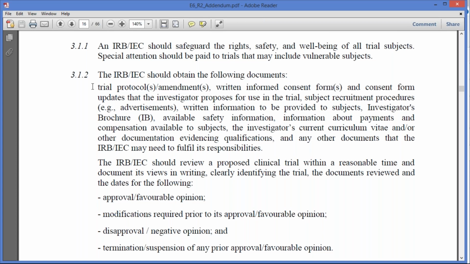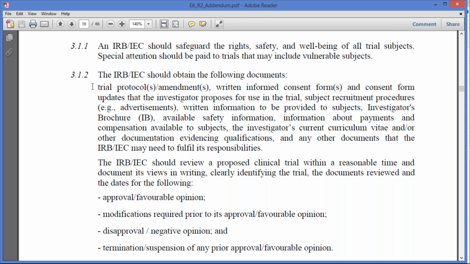Also available safety information, information about the payments and compensations available to the subjects, the investigator's current CV, other documentation evidencing the qualification, or any other documents that the IRB/IEC may need to fulfill its responsibility.